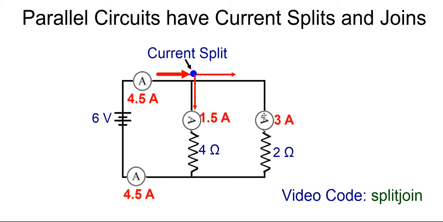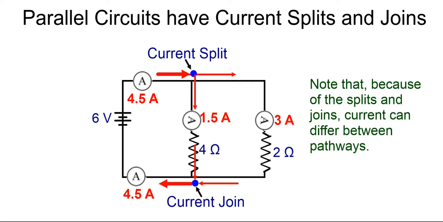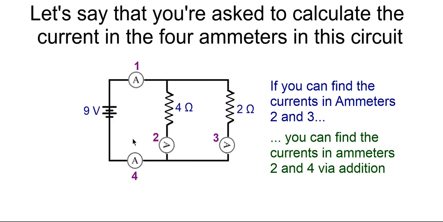So we have a difference in current between those two legs because of that split. Now, we also have joins, of course. That 1.5 comes down, and that 3 comes around the horn here and joins back to 4.5, doesn't it? Note that because of splits and joins, current can differ between pathways. It's mainly because of the splits, right? So it definitely can differ throughout a parallel circuit.